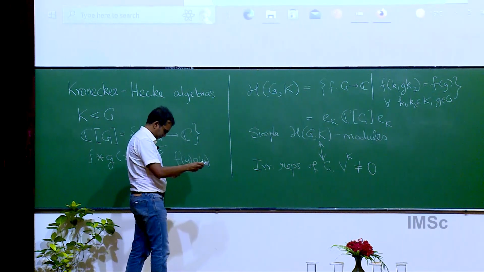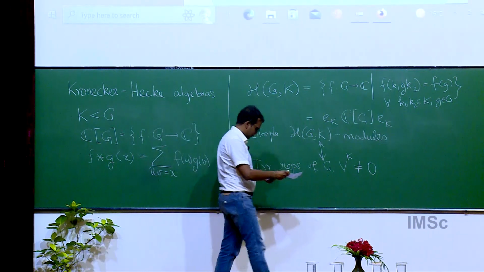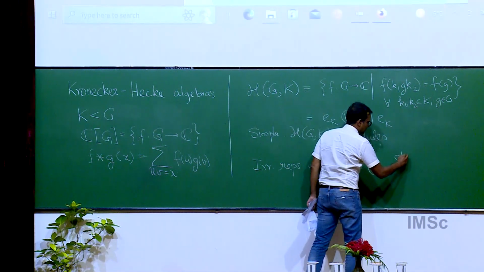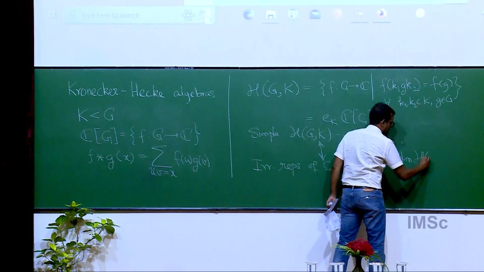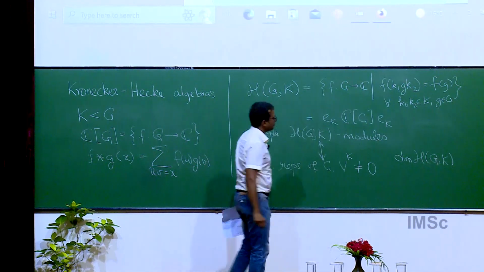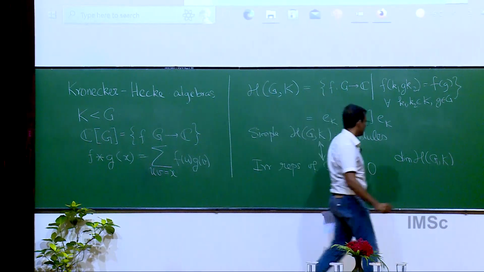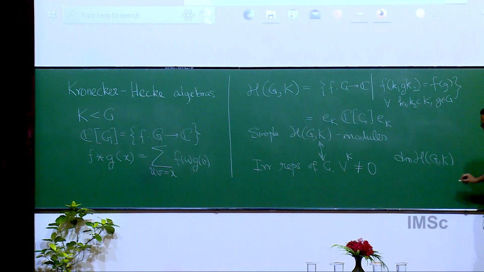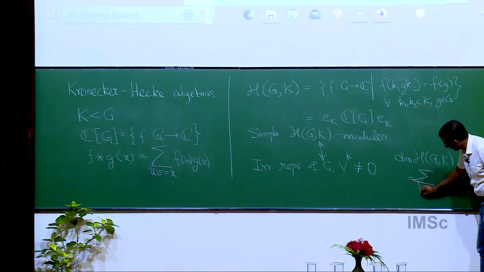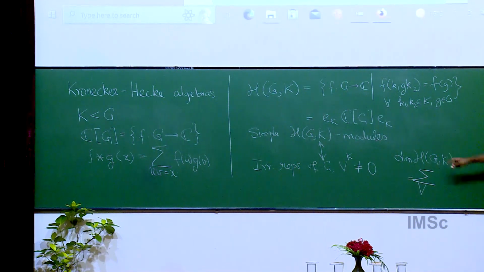And we have a nice formula. This comes from the general theory of semi-simple algebras, that the dimension of this is the sum over all irreducible representations V of the group G of the dimension of the K invariants of V, squared.